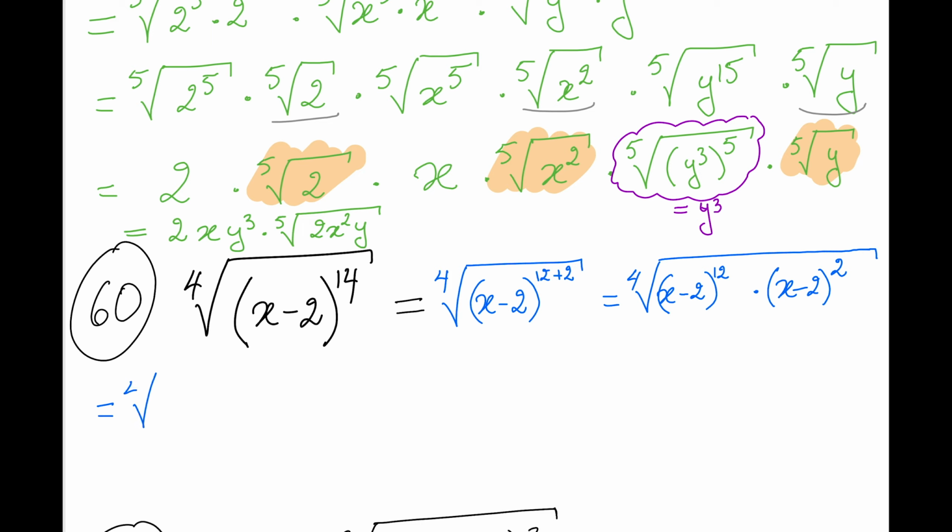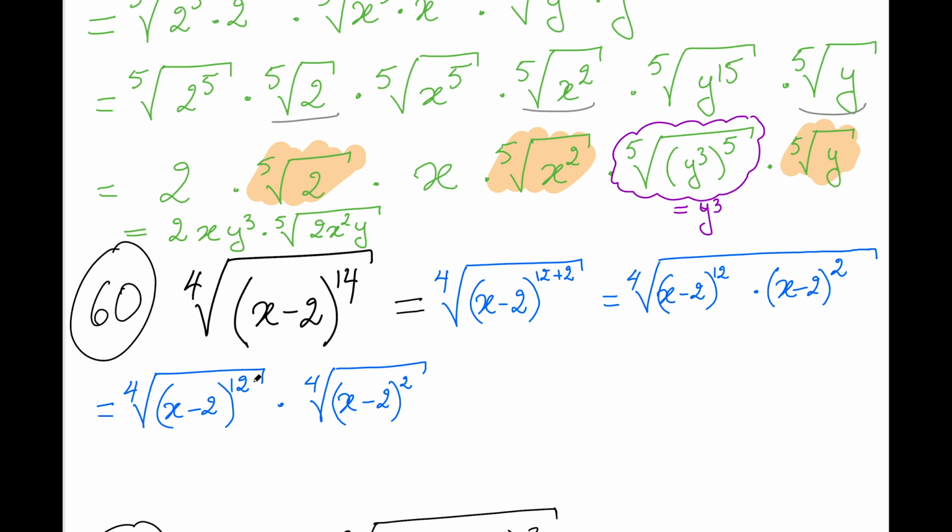So I'm getting this and this. Correct? This is simplified because the exponent for that base is smaller than the index.